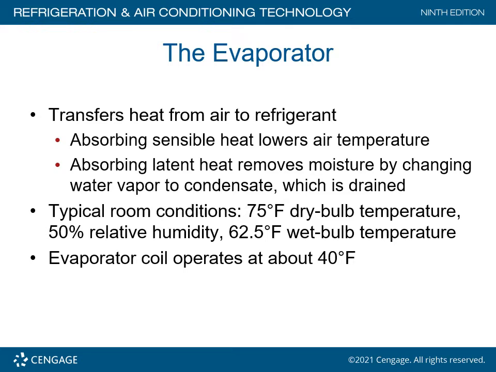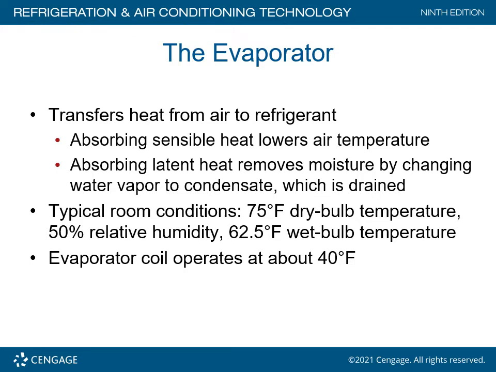The evaporator transfers the heat from the air to the refrigerant. Absorbing sensible heat lowers the air temperature. Now, sensible heat is the heat that we can feel. That's the heat we can measure. This is not the same thing as what they call hidden heat, or enthalpy. Now, latent heat.